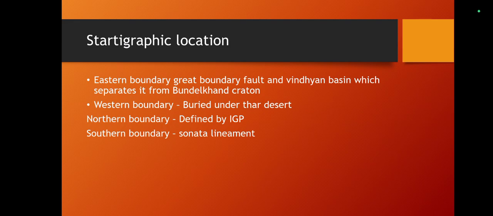You can say that it's the Great Boundary Fault and Vindhyan Basin, which separates it from the Bundelkhand craton. And its western boundary is buried under the Thar Desert. Northern boundary is demarcated by the Indo-Gangetic Plain, and southern boundary is demarcated by the Son-Narmada Tapti lineament.